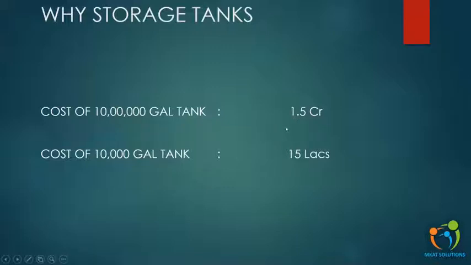So with the cost of making 10 tanks, I can make the capacity of 100 tanks. So cost wise, there is definitely a huge difference. That is the reason clients will always like to have a bigger tank.